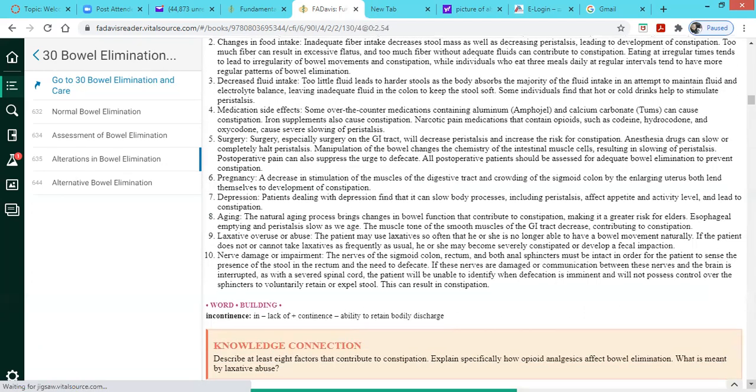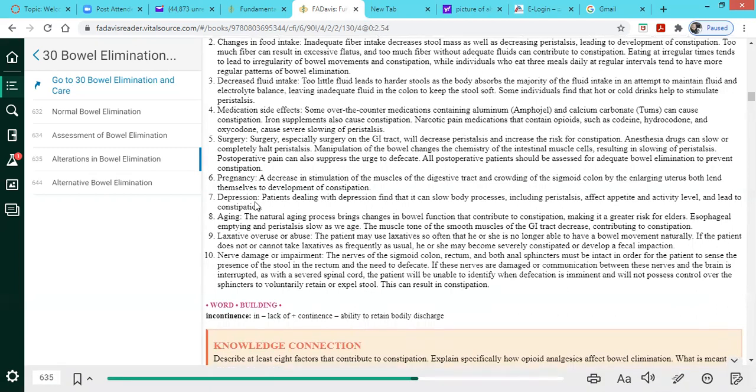Surgery can contribute to constipation, and typically surgery can contribute to a paralytic ileus. It talks about how pregnancy can be a contributing factor to constipation, as well as depression, because depression can present in many different ways, but depression is slowing the body processes.